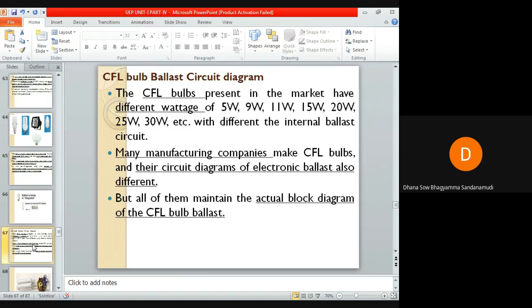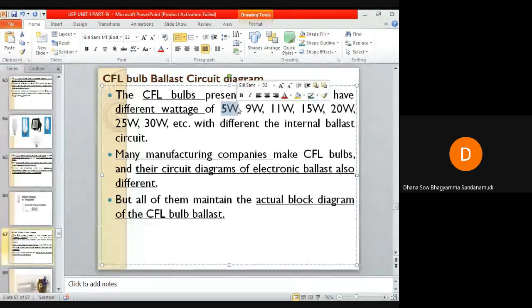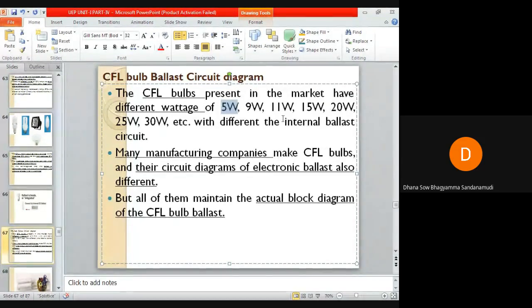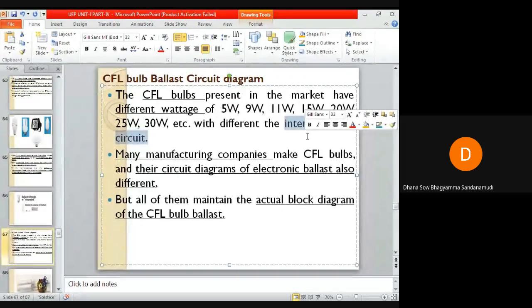But there are different manufacturers for manufacturing these compact fluorescent lamps. Whoever manufactures compact fluorescent lamps of different wattages, the internal ballast circuit will not be the same for all of these. If a manufacturer manufactures a 5 watts compact fluorescent lamp, and another manufacturer is also manufacturing a 5 watts compact fluorescent lamp, then the ballast circuit that they integrate in it will not remain the same.